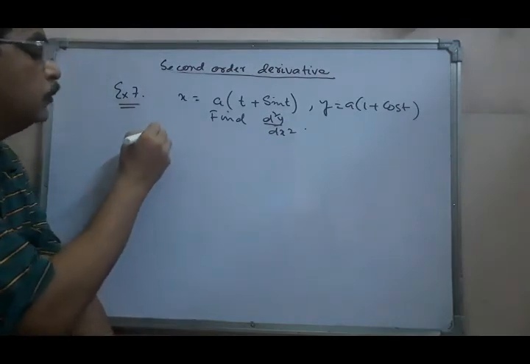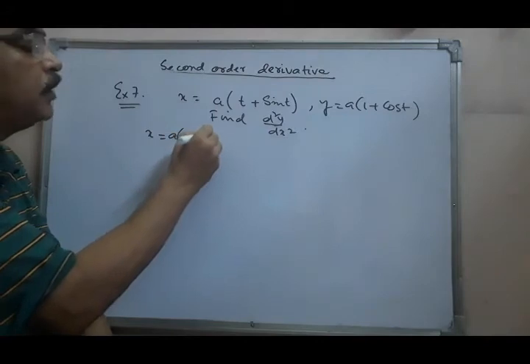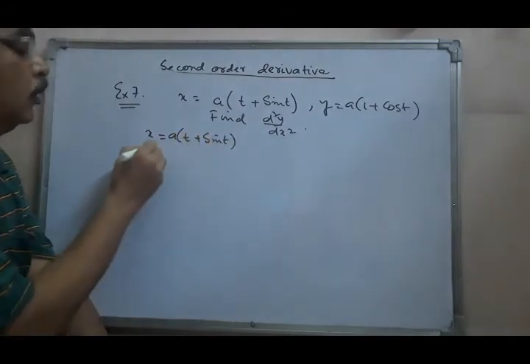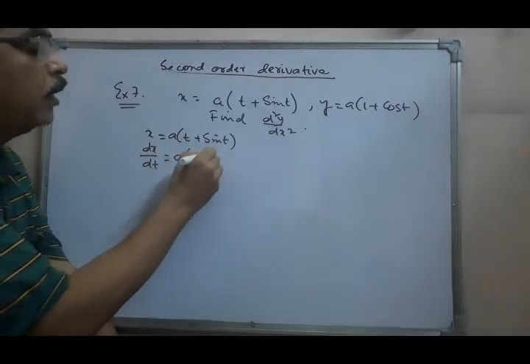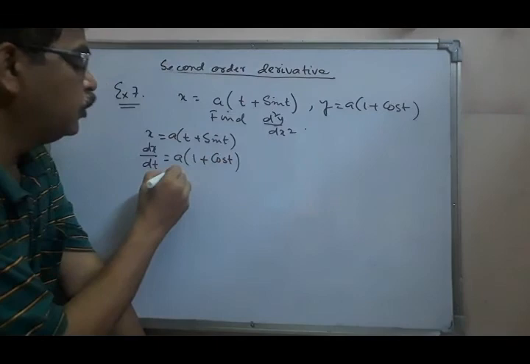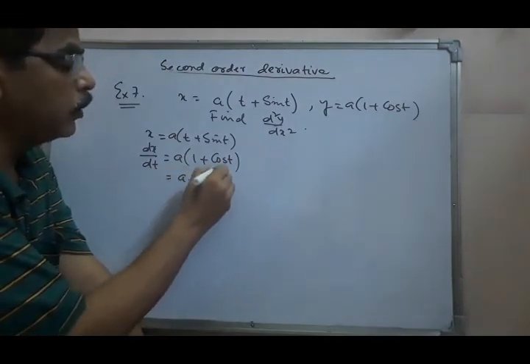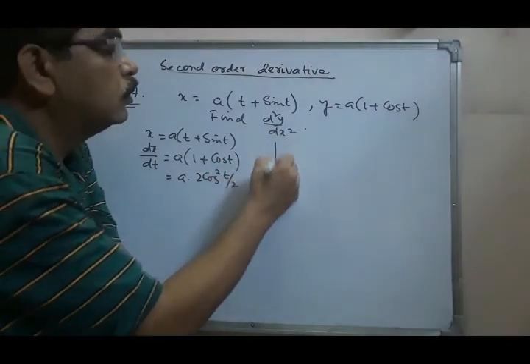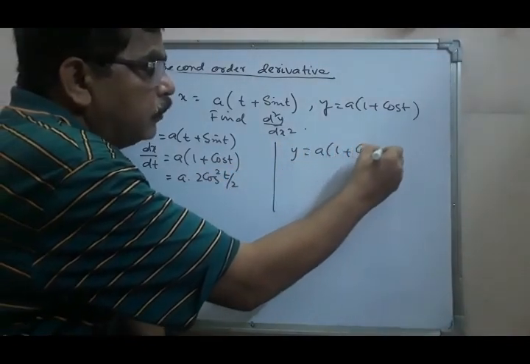So how to do it here? We have x equal to a into t plus sin t. Therefore dx by dt equal to a into 1 plus cos t, which we can write as a into 2 cos square t by 2. y equal to a into 1 plus cos t.